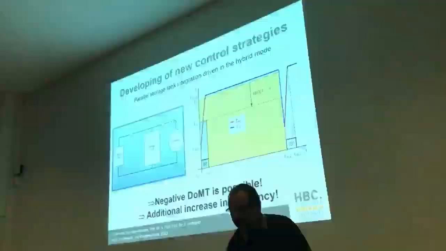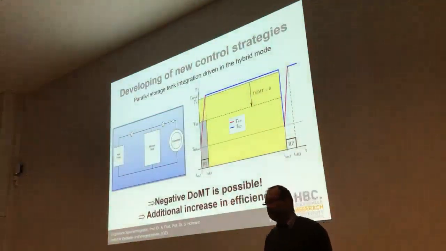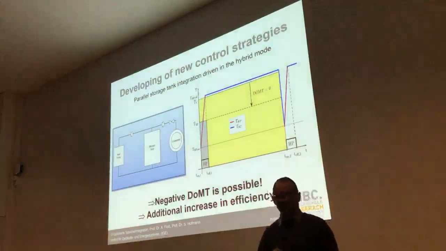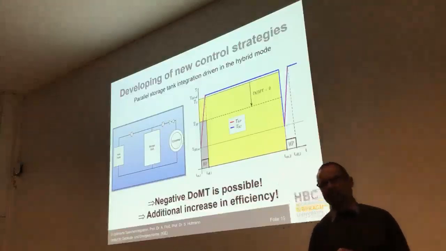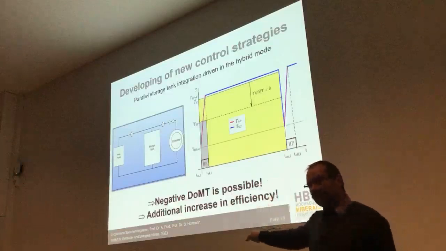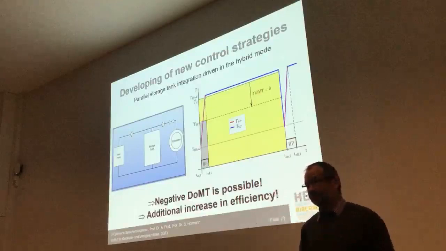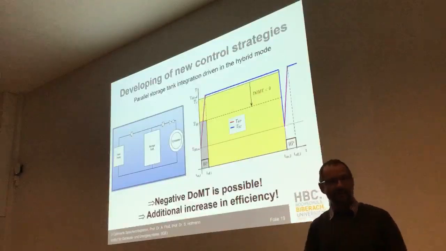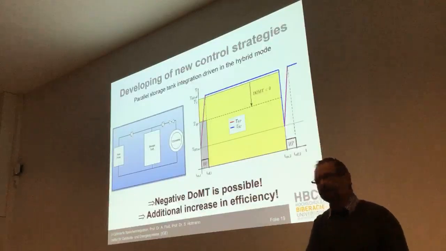But what we figured out meanwhile is that it is also possible to get a negative drop of mean temperature. That really sounds silly at the very beginning. Negative drop of mean temperature means that the water arriving at the consumer is warmer than it left the heat pump. That sounds at first like a perpetuum mobile of the second class, which is impossible.